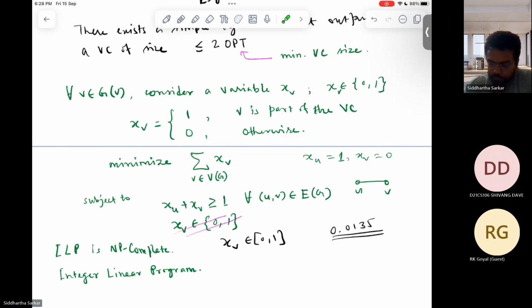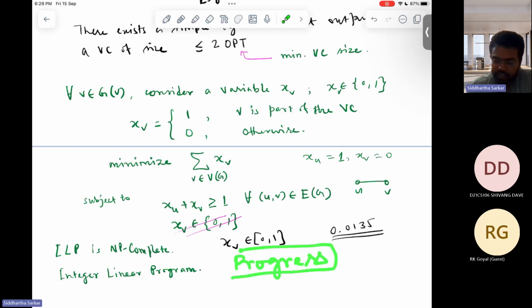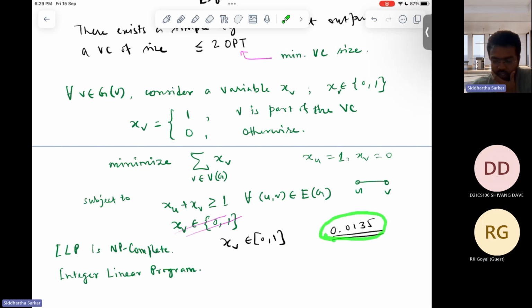Yes. So we seem to have made some progress, but the progress is not very satisfactory because what is the meaning of a variable corresponding to a vertex getting a fractional value like this, whether you include this vertex into the vertex cover or not. So there is no clear distinction.